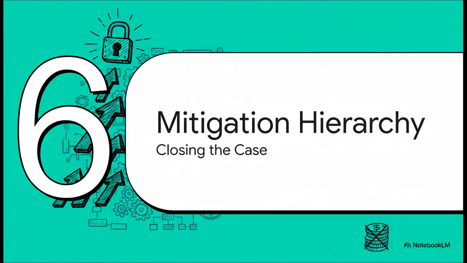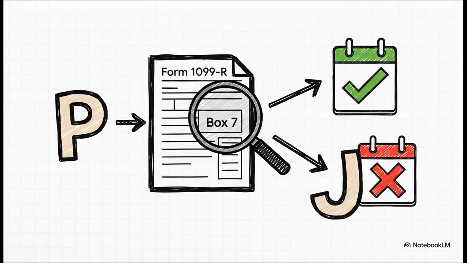All right, our last section, Section 6, Reporting and Mitigation Hierarchy. Let's pull all these clues together and build a clear step-by-step action plan for closing the case on an excess contribution, both properly and strategically. So, proper reporting is absolutely key to finishing the job. When you make a correction, your IRA custodian is going to issue a Form 1099-R.